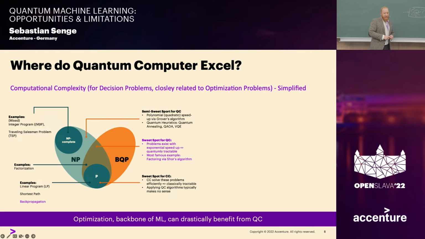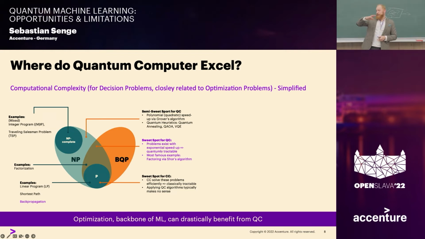More interesting here is that we see this left, let's call it an egg, so NP, and the other egg, BQP. The notion is that in the orange egg are those kinds of problems that could be efficiently solved by a quantum computer.